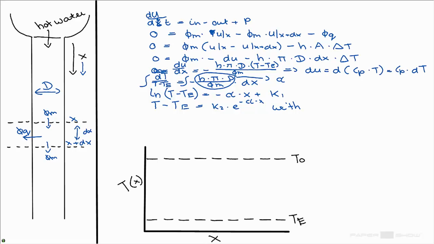And the initial condition, which I am going to say T at x equals 0 is T0, and we'll just fill it in later on, but this is the easiest way, which gives us at x is 0, so e becomes 1, and we are left with T0 minus T environment is K2. So now we know our constant.